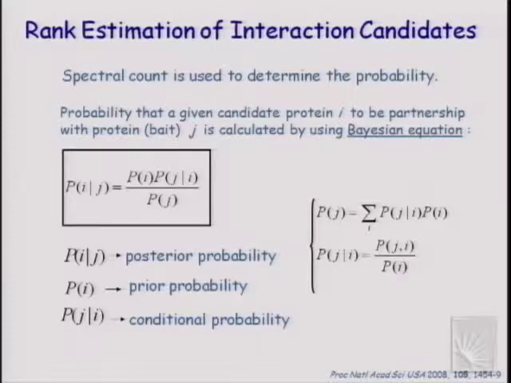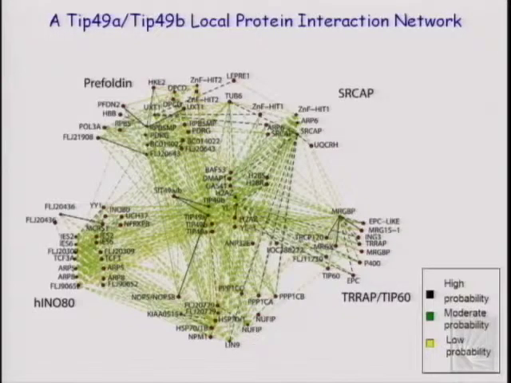But the point of this was to use spectral counting for the probability of these interactions. We're using just a very rudimentary Bayesian approach where we generate a probability using spectral counts and NSAFs to attach an actual value to every single one of these linkages. In black here are the highest probabilities, the highest numbers, and down in yellow, which is difficult to distinguish from the green, are the lowest ones.